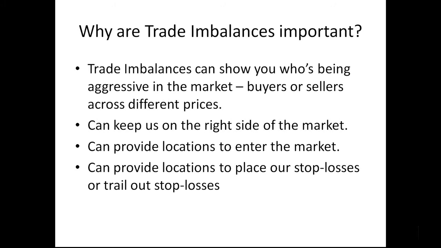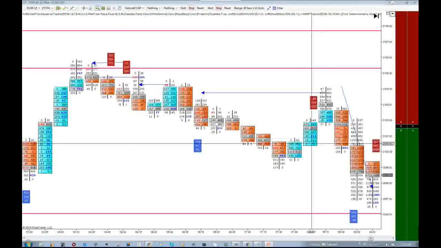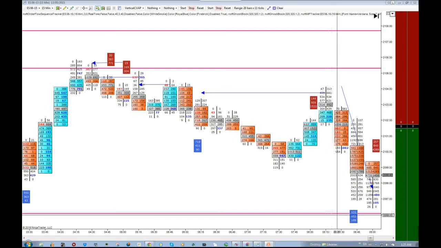The imbalances can also provide us with locations to enter the market. I gave you 3 examples of it on that chart. Great entries with low potential drawdowns, and they can provide us with locations to place our stop losses and also trail our stop losses. Now before we end this video, I just want to share a couple screenshots.